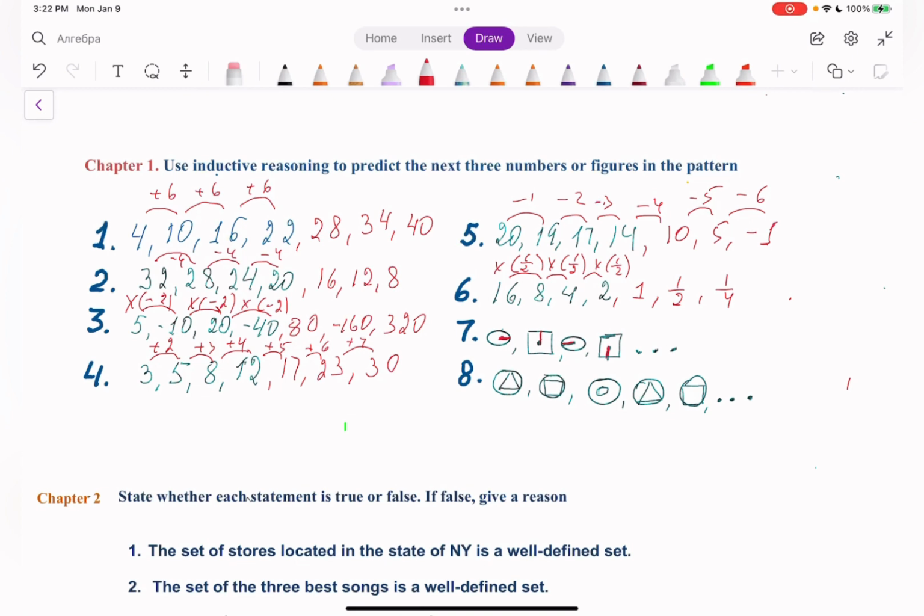So what is going to happen now? There is no pattern here. That means it's going to repeat itself.